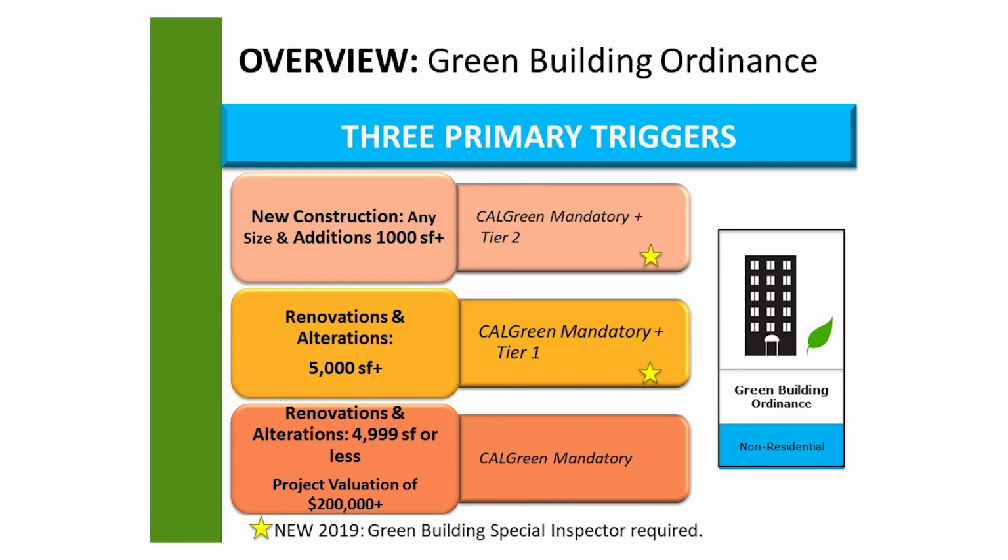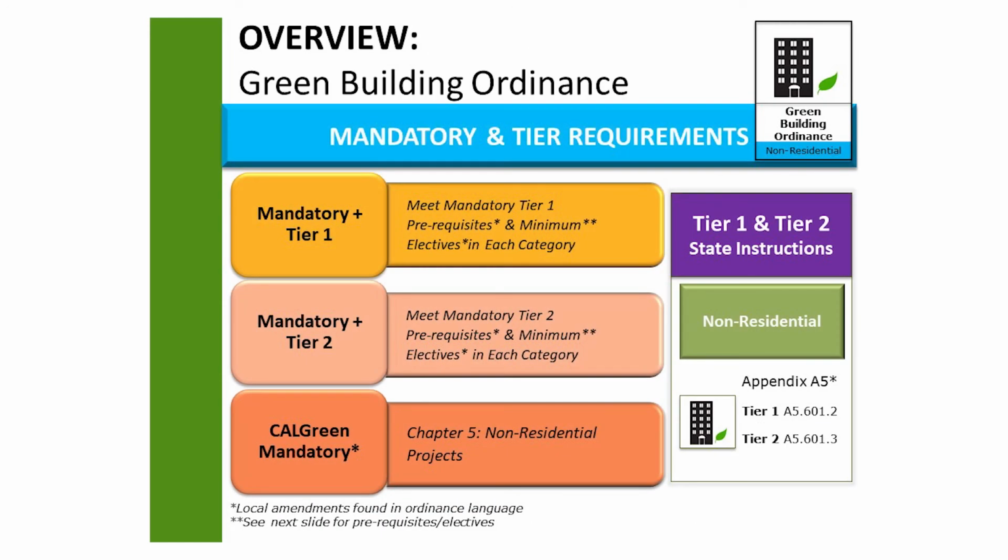It is important to note that the star icon indicates that a green building special inspector from Palo Alto's approved list is required. This slide provides an overview of the mandatory and tier requirements. For CalGreen mandatory, for non-residential projects, those projects are subject to the requirements in Chapter 5 of the CalGreen Code.